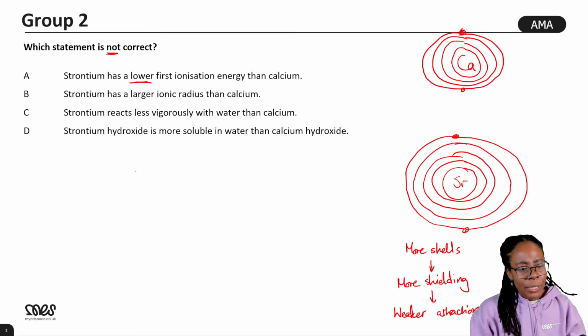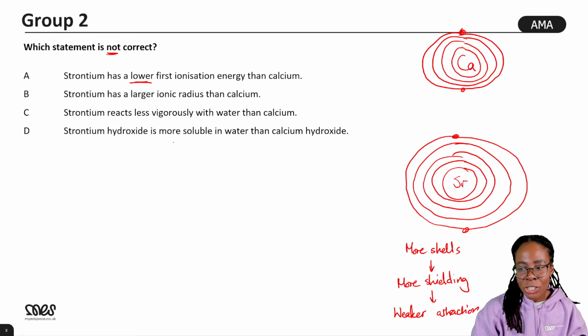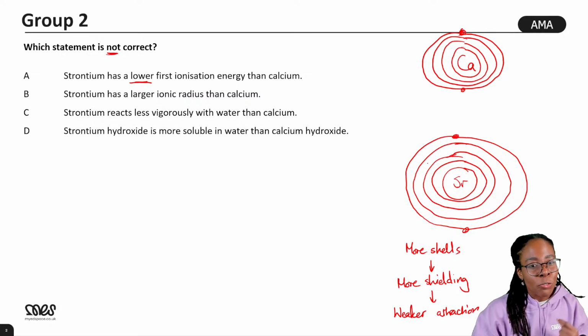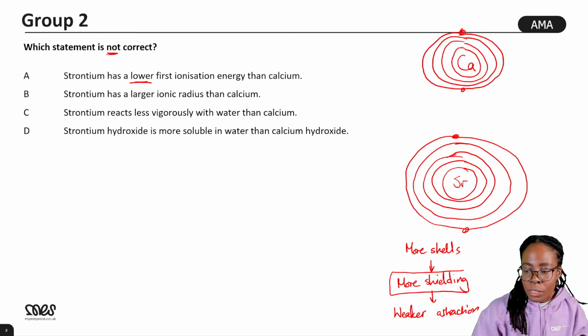Indeed. So repulsion between electrons in outer shells and inner shells. I mean, I suppose, but we don't really think about it in terms of repulsion. We think of it in terms of shielding, because ultimately it's about the attraction between the outer electrons that we're trying to lose versus the positively charged nucleus.